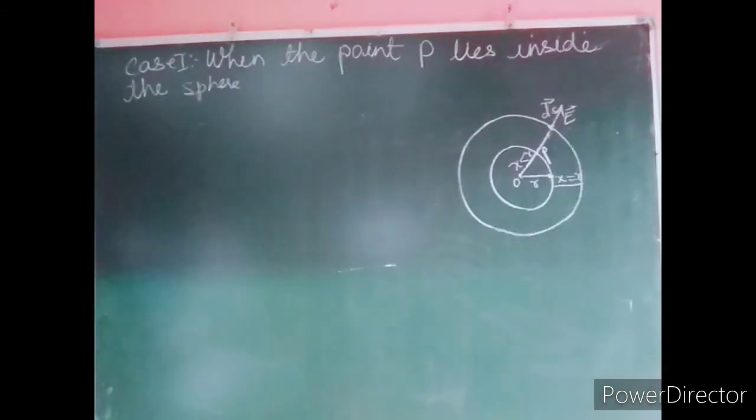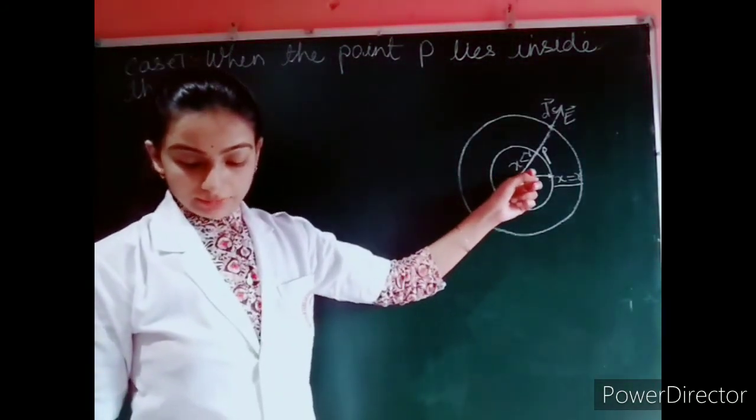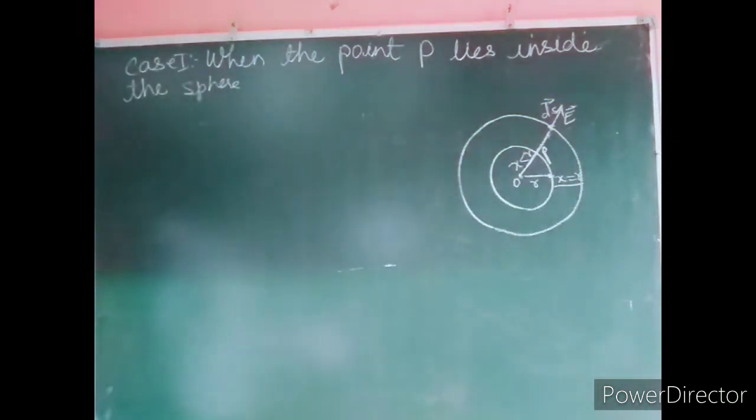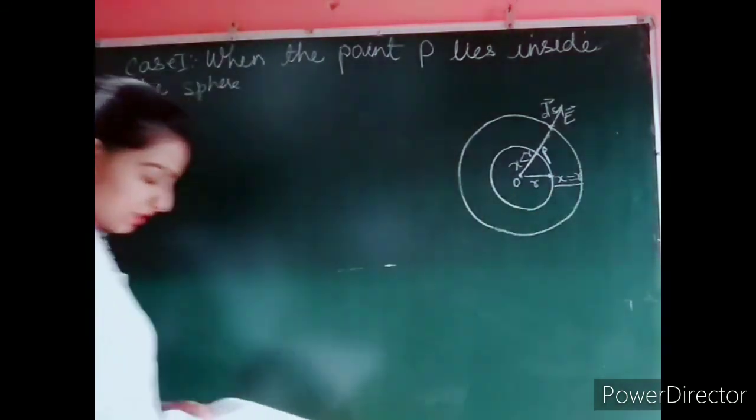Now our third case is when point P lies inside the sphere at distance x from the center, where we are to find the intensity of electric field, but there is no charge within the Gaussian surface.